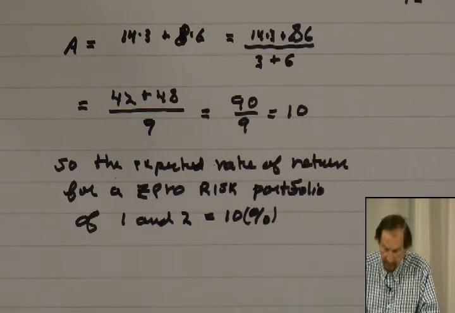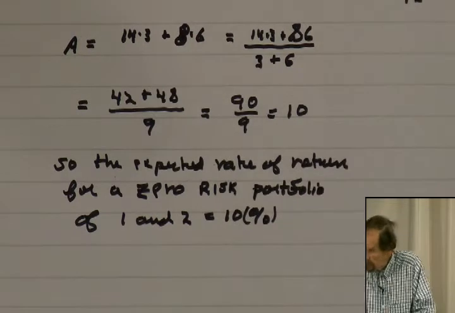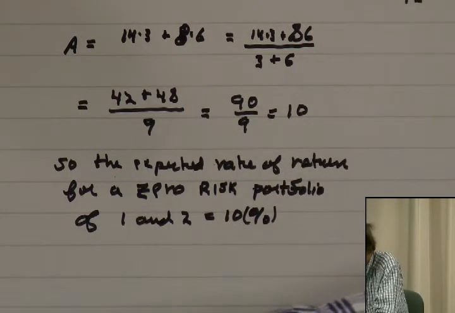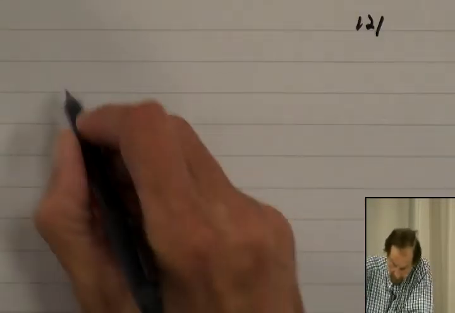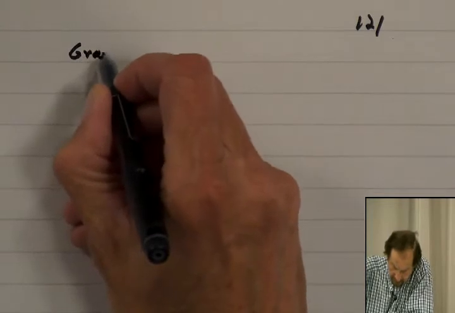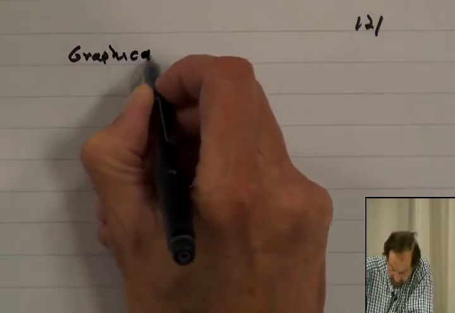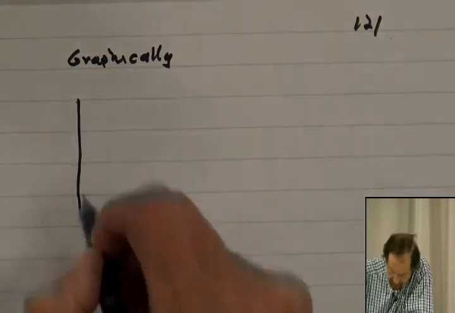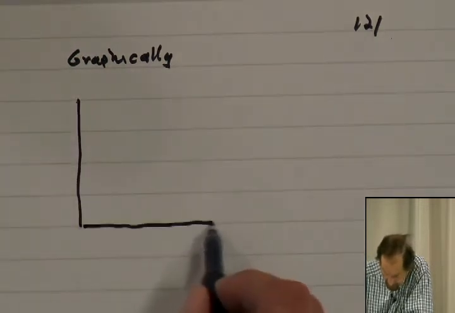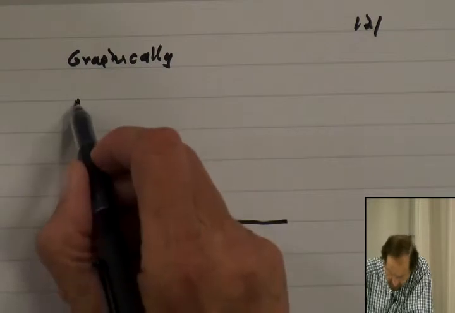So let's graph this again the correct way. So graphically, we have the following. And this will be a better graph because we didn't use 6 here.